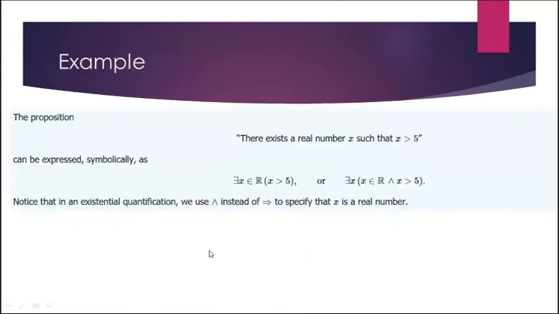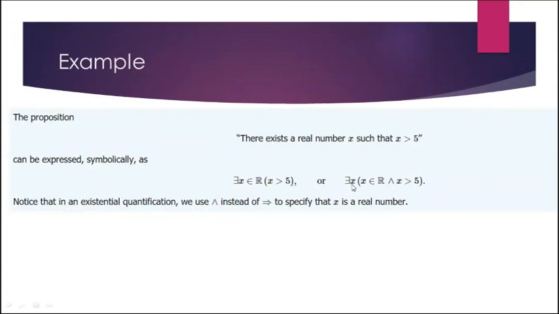So we have your example, the proposition: there exists a real number x such that x is greater than 5. It can be expressed symbolically as: there exists x, an element of the real numbers, such that x is greater than 5.